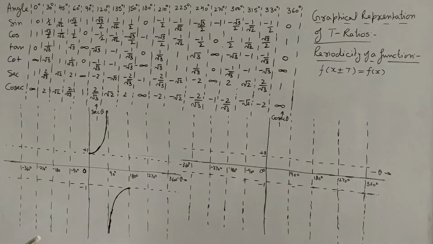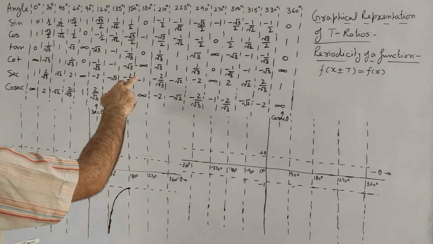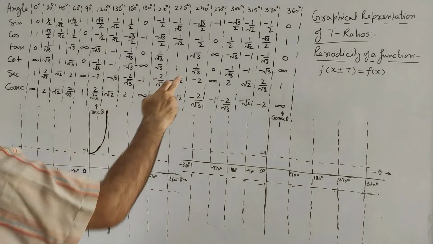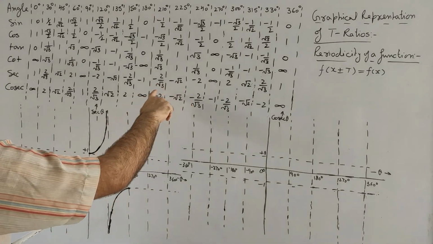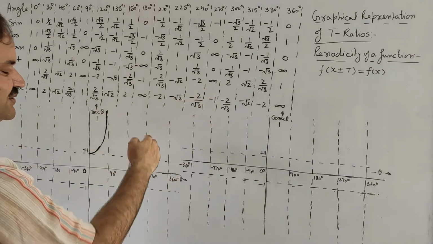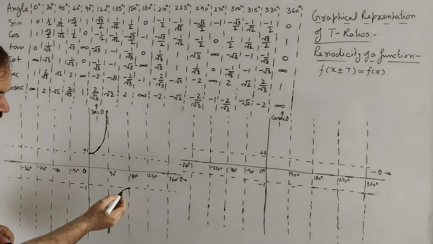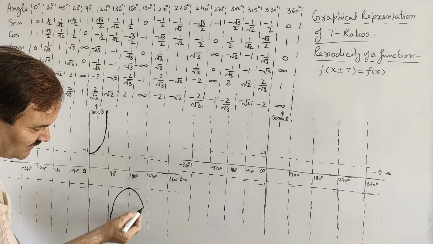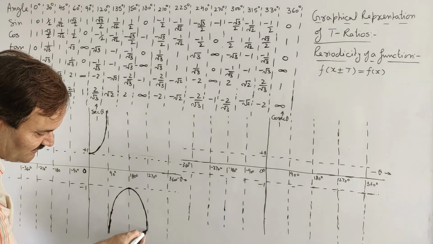Now from 180 to 270, again sec will be negative, and this time the value will gradually decrease: minus 2 by root 3, minus root 2, minus 2. It is gradually becoming more and more negative. So the curve for sec theta will be this way.